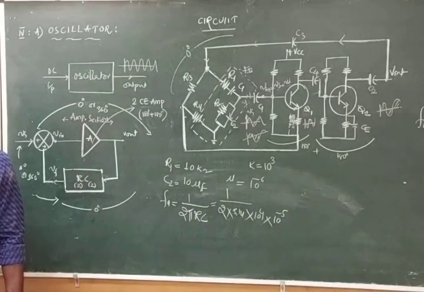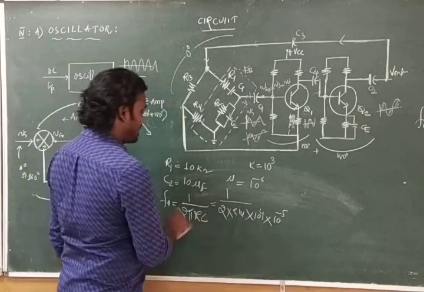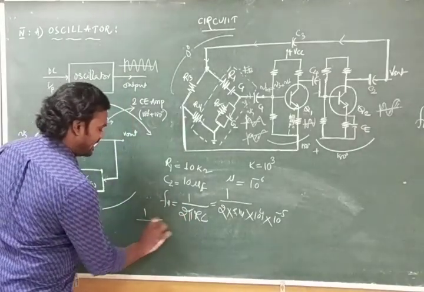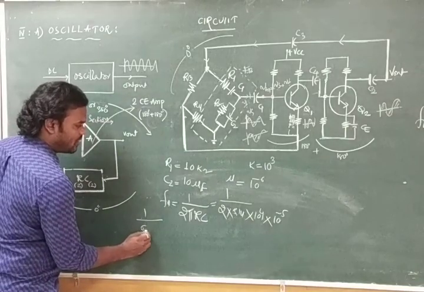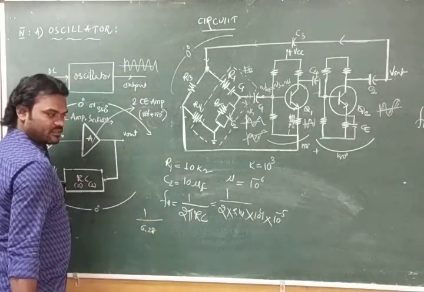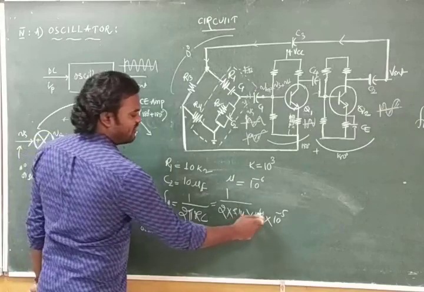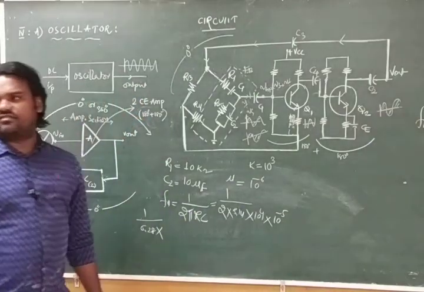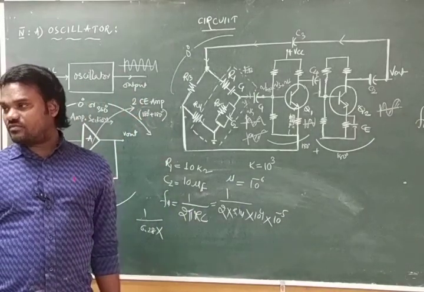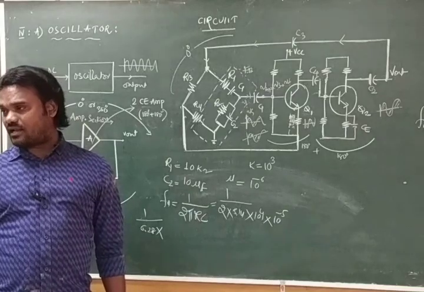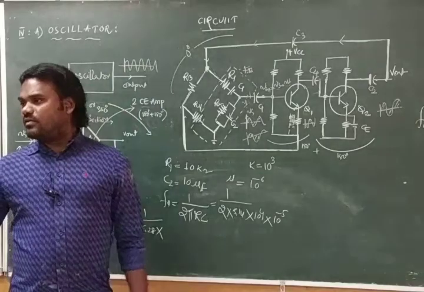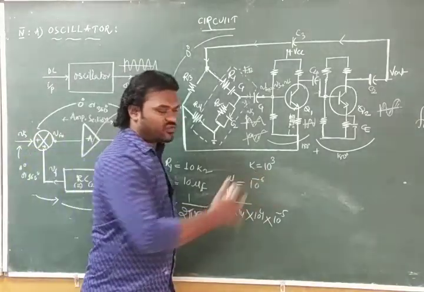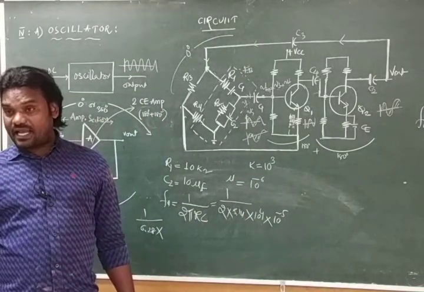Then this is 2 into 3.14, which is 6.28, into 10 power of 4 into 10 power of minus 5. Not 10, 10 power of minus 1. When bases are the same, powers should be added: 4 minus 5, minus 1.